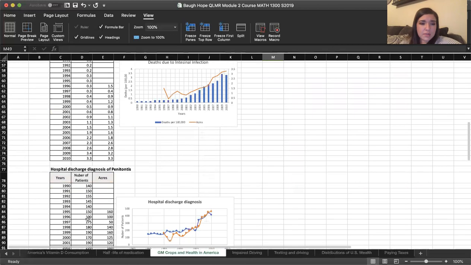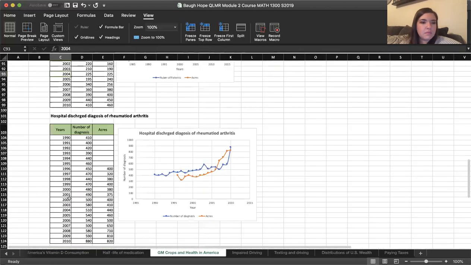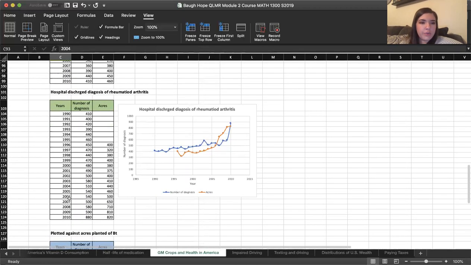The hospital discharge has gone up as well. It's not near the numbers that the other one was, but the arthritis one has doubled from 1990 to 2010. So it is on the rise.